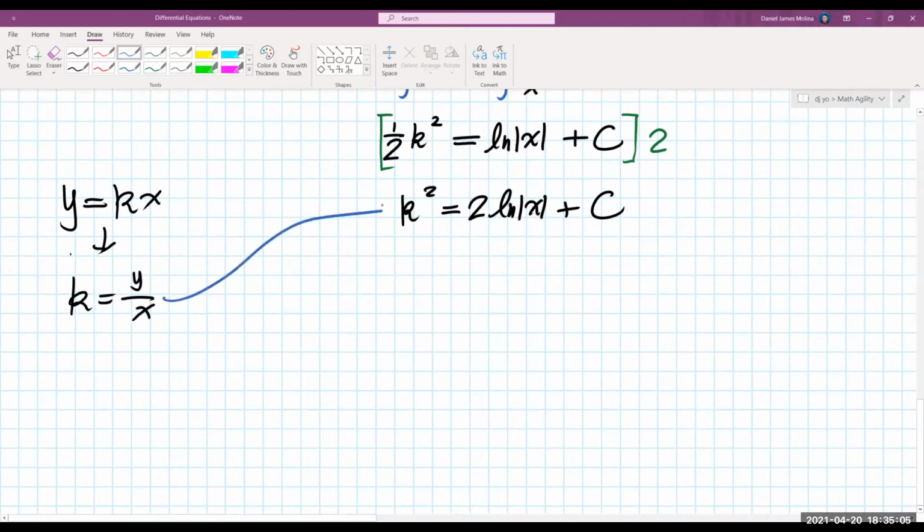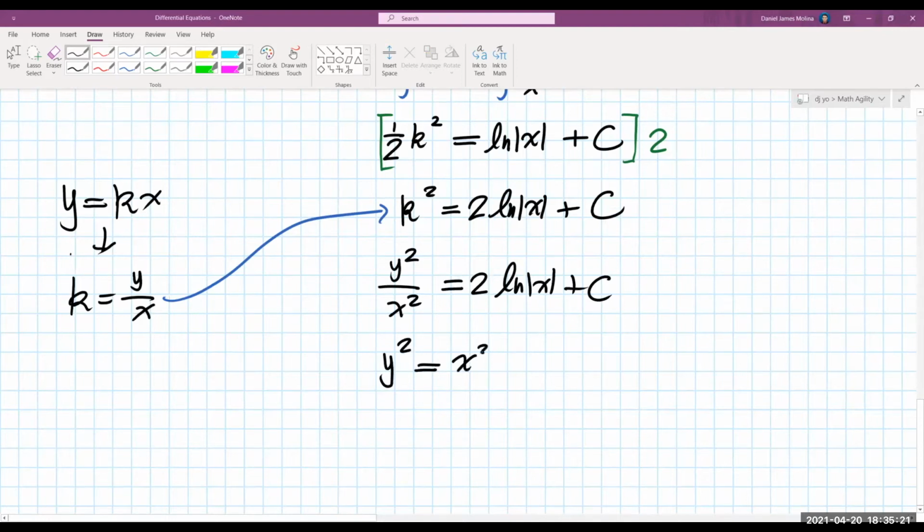So substituting it to our equation, we have y squared all over x squared that is equal to 2 natural log of x plus c. And then solving for y squared, we have the expression x squared times the quantity 2 natural log of x plus c.